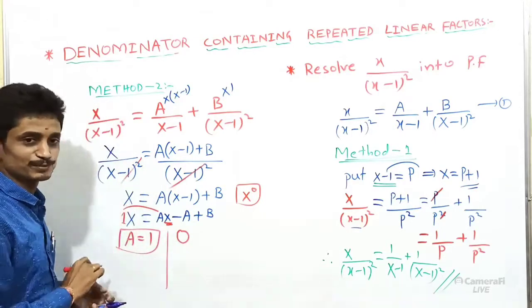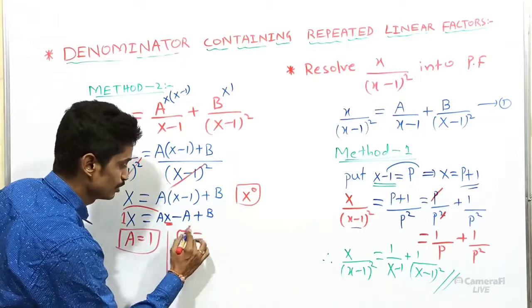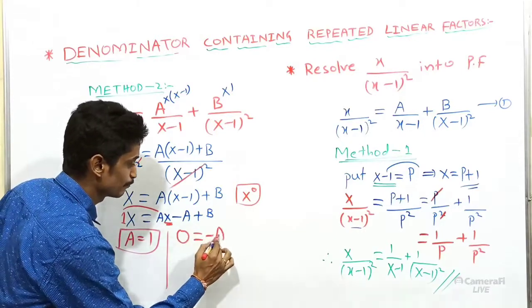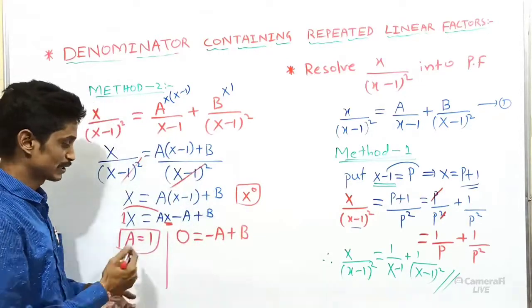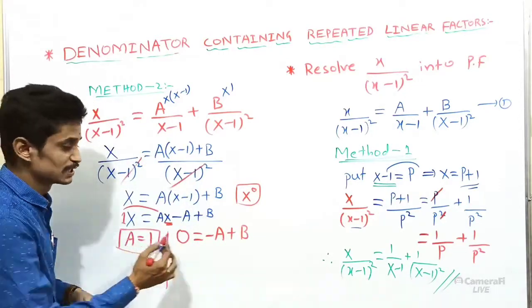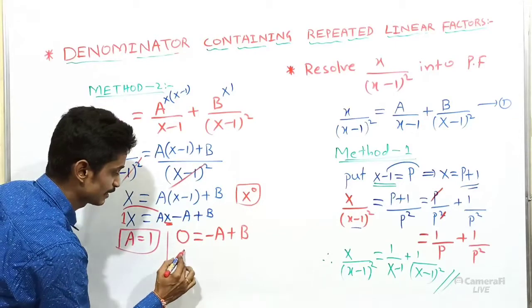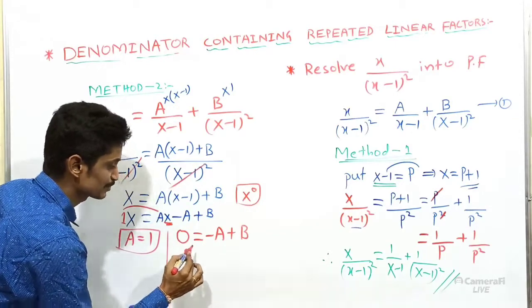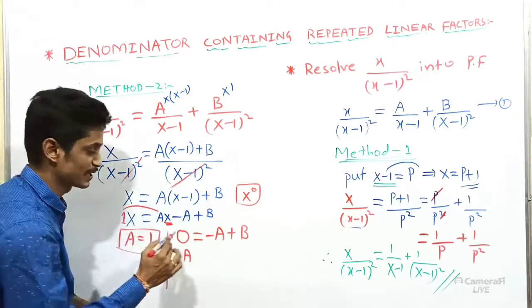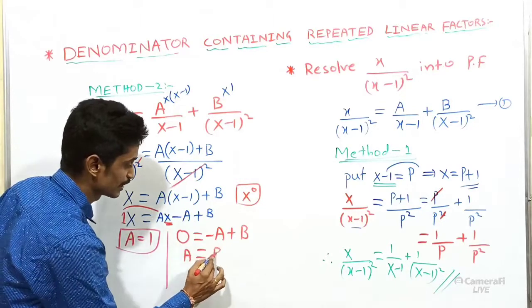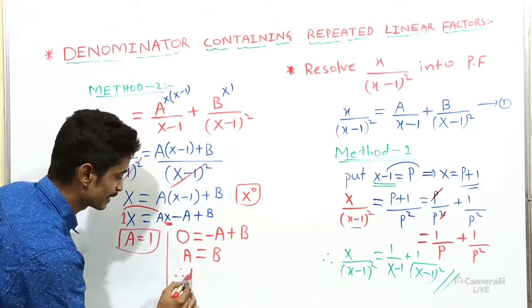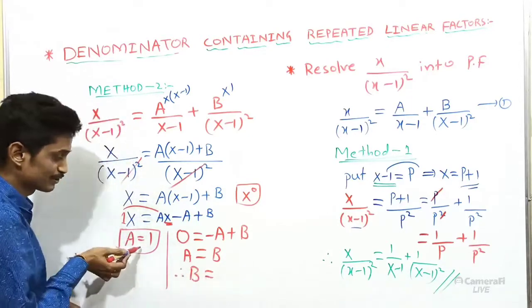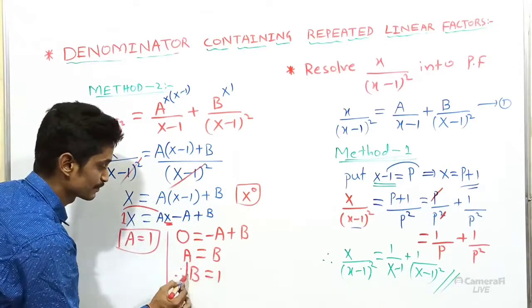So nothing means I can write 0. x plus 0 equal to, what is the RHS side? Minus a plus b. We are going to find the value of b. That's why I will shift a to this side. Minus a becomes plus a, equal to b. Therefore, my final answer b is equal to, what is the a value? 1.